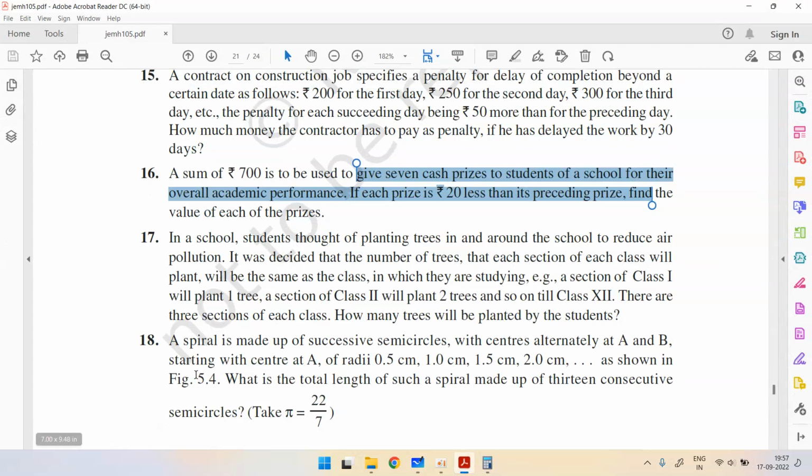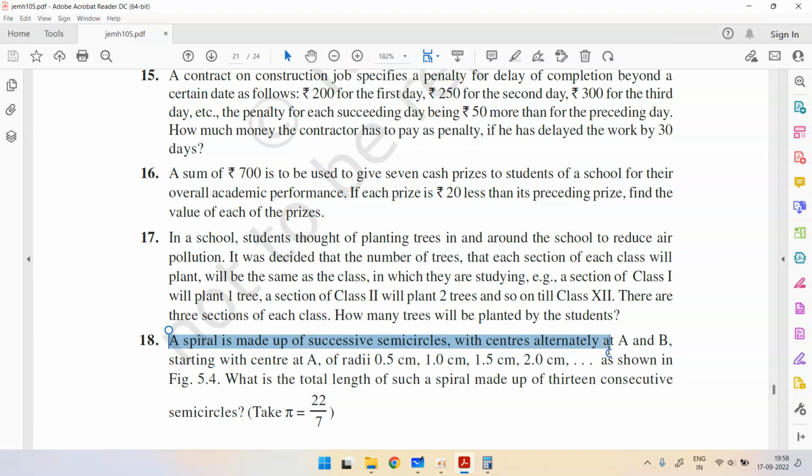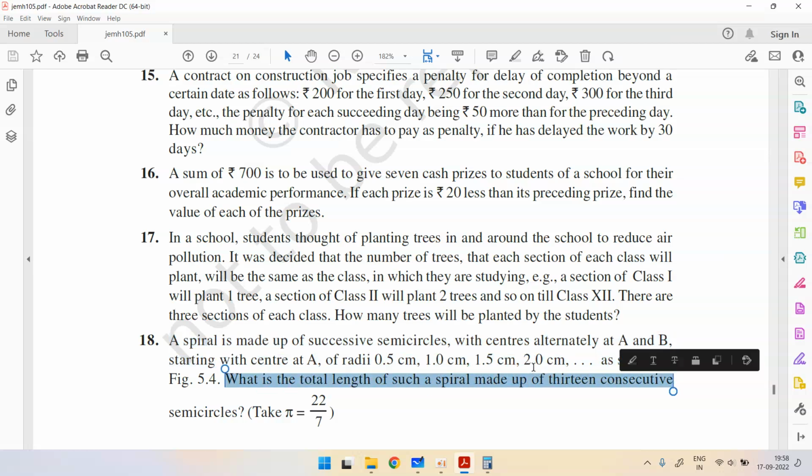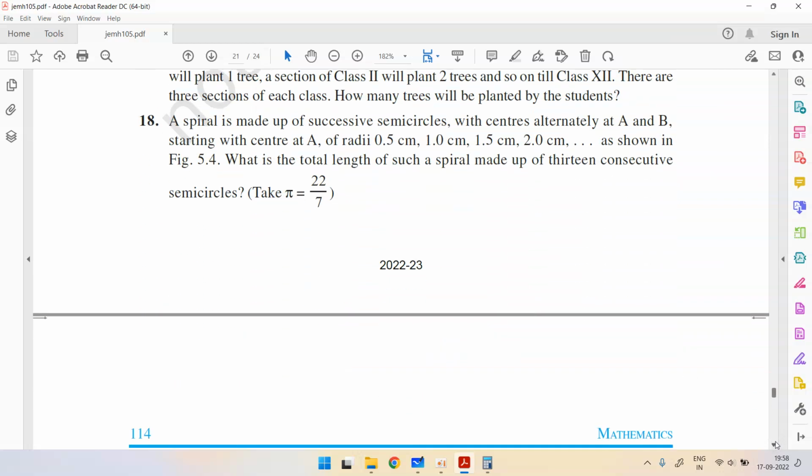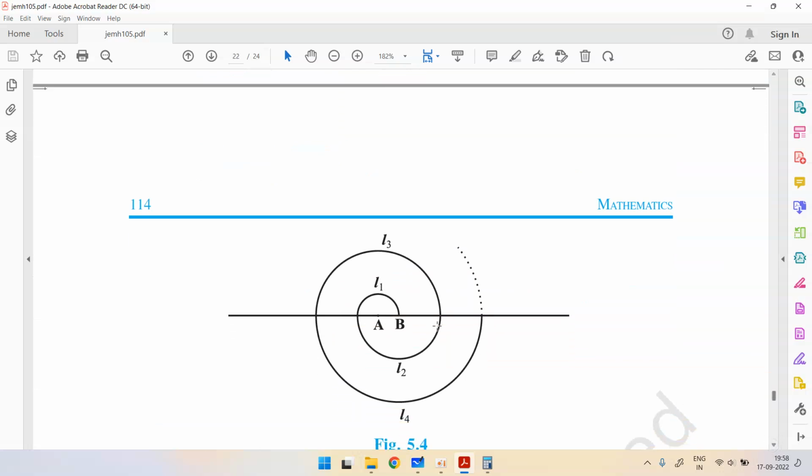This is the answer. Now next is a spiral made of successive semicircles with centers alternately at A and B, starting with center A, of radii 0.5 centimeter, 1 centimeter, 1.5 centimeter, 2 centimeter as shown. What is the total length of such a spiral made up of 13 consecutive semicircles?